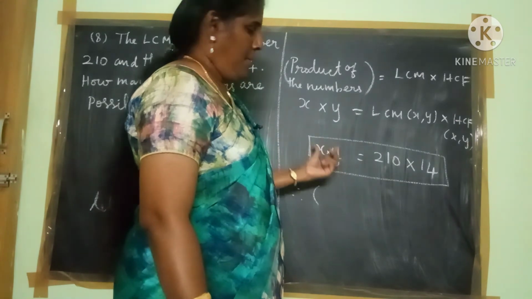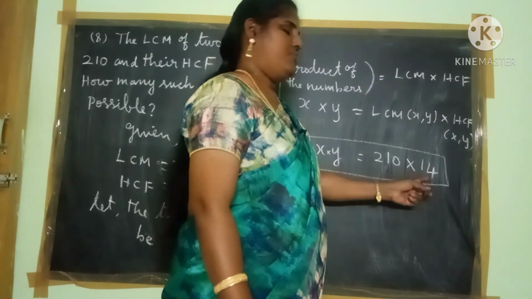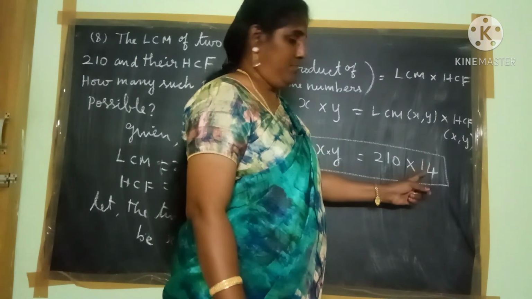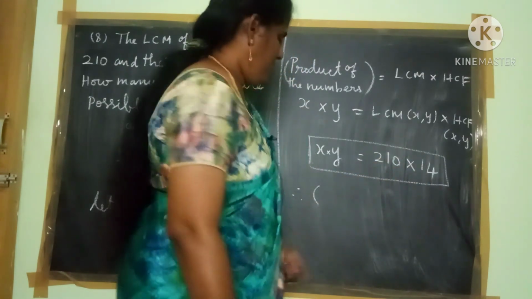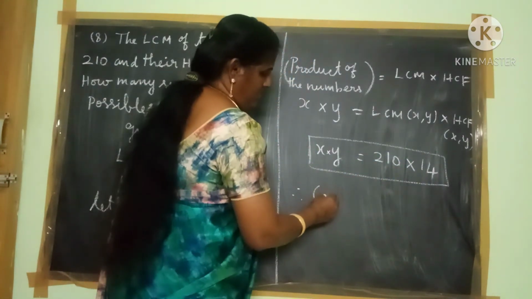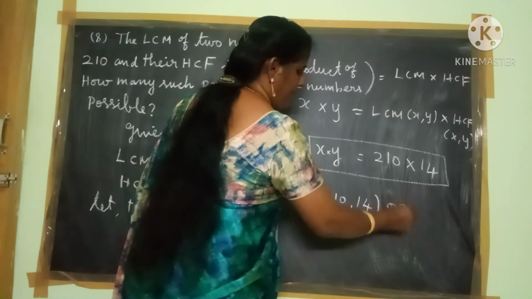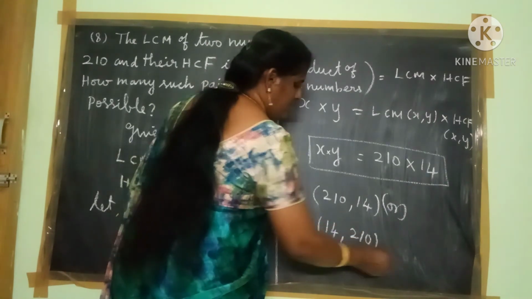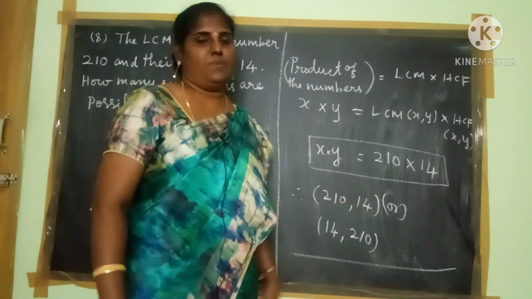If X is 210, Y is 14. But if X is 14, Y will be 210. So the pair is 210 comma 14 or 14 comma 210. That is two pairs. What is the answer? Two pairs.